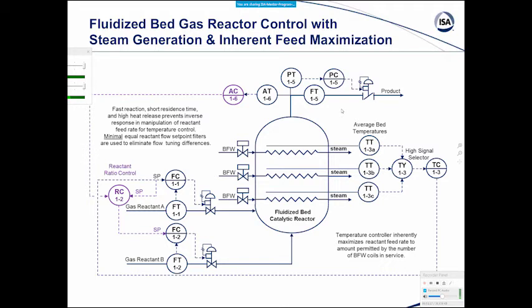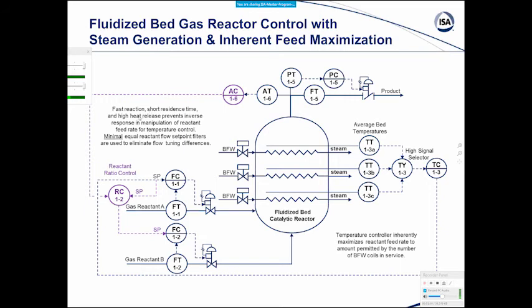For a very fast reaction like this, the residence time in here is a matter of a few seconds, whereas for the reactor, it's the liquid, it's minutes. But things happen so fast here, and it's so exothermic, typically in these fluidized bed reactors, that you can have the temperature control by manipulating the reactants.